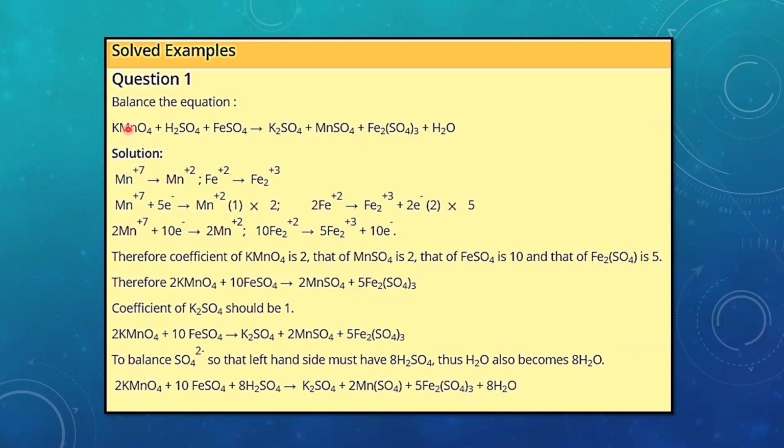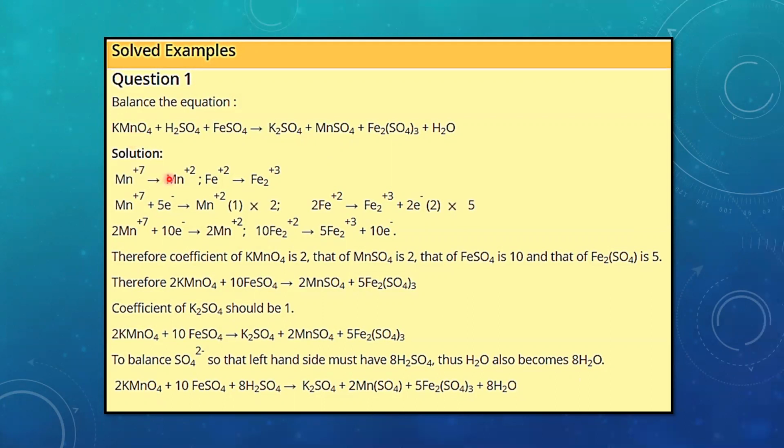The oxidation number of manganese is +7, whereas when it forms manganese sulfate, the oxidation number of Mn is +2. So moving from left to right, the oxidation number has decreased by 5.